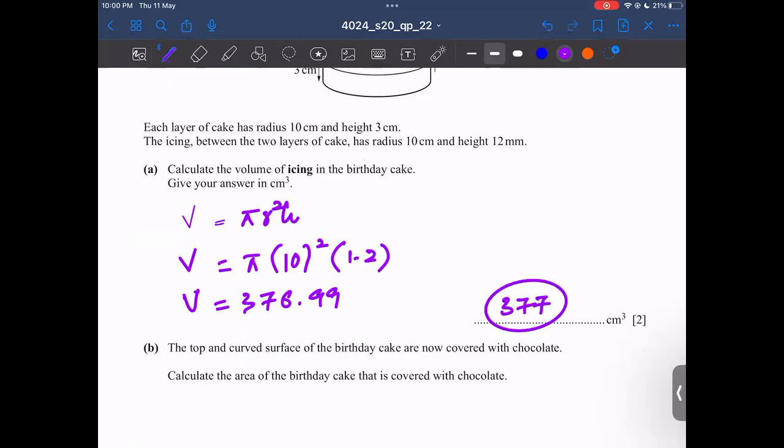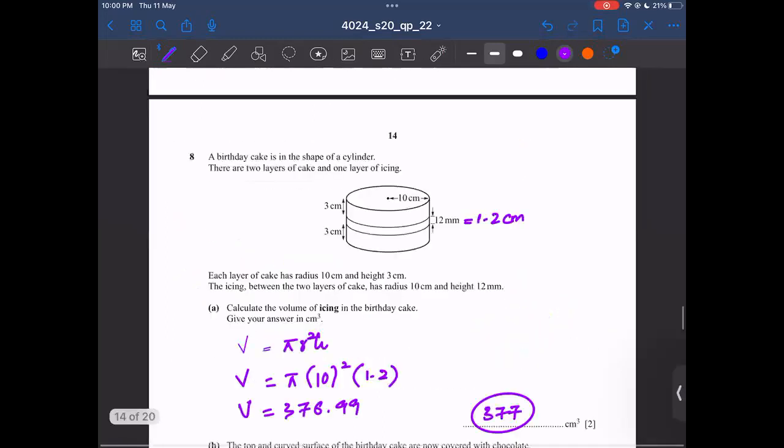The top and curved surface area of the birthday cake are now covered with chocolate. Calculate the area of the birthday cake that is covered with chocolate. Now this portion over here is covered with the chocolate. This top is covered, right? And the curved surface area.